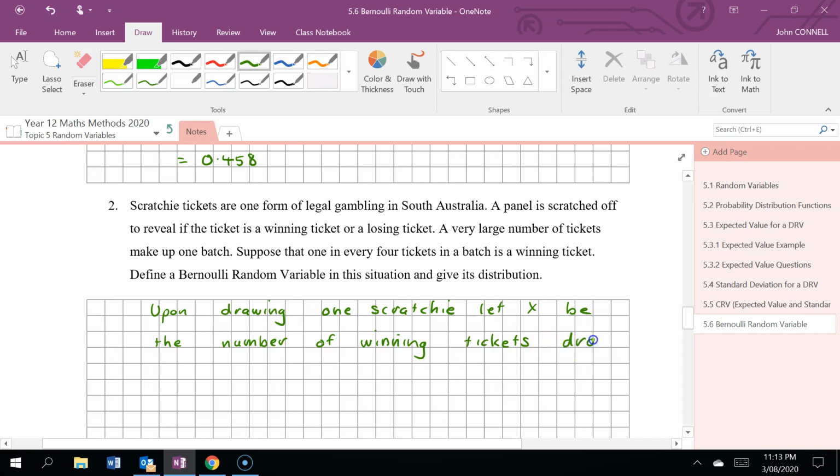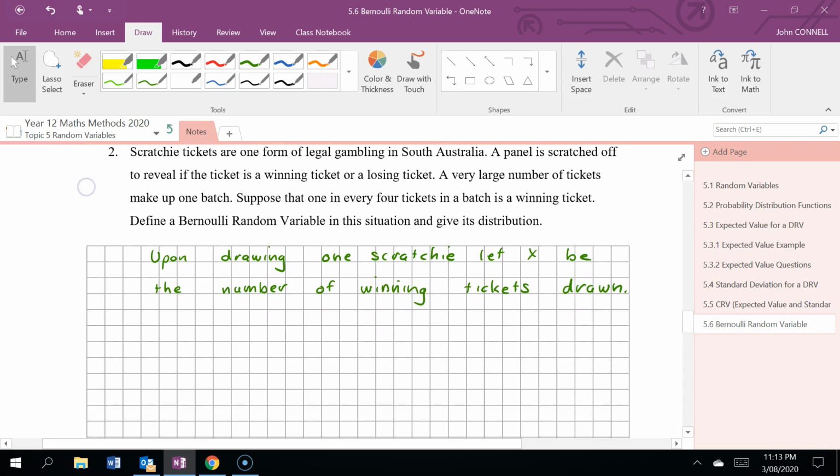Now, the idea here is that we're only drawing out one ticket. If that's a winning ticket, then the number of winning tickets we've drawn out is 1. If that's not a winning ticket, then the number of winning tickets we've drawn out is 0. So we've set up our Bernoulli random variable in such a way to make 1 success and to make 0 failure. So I've got to give the distribution.